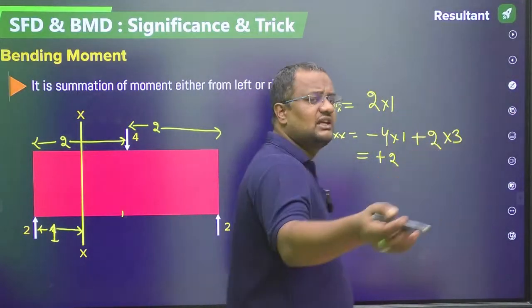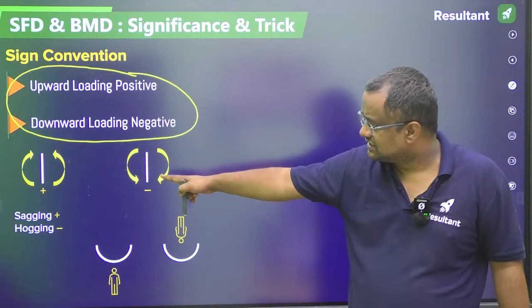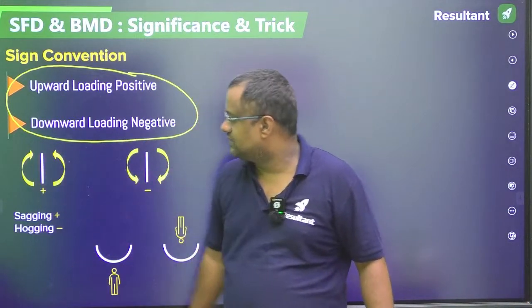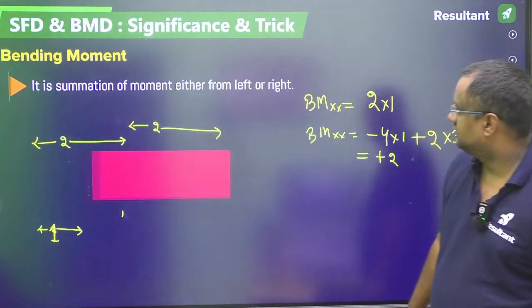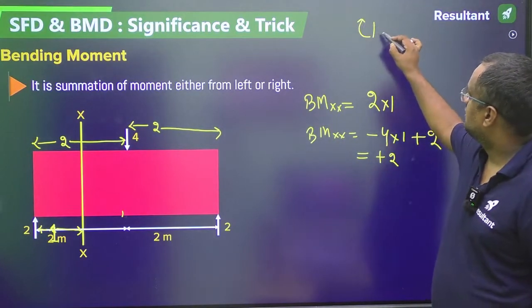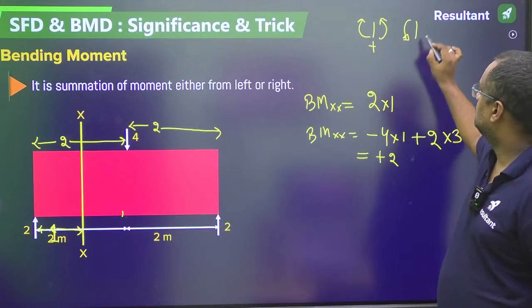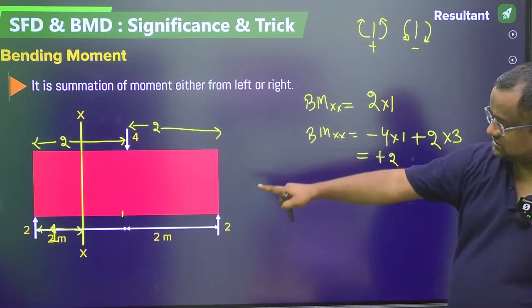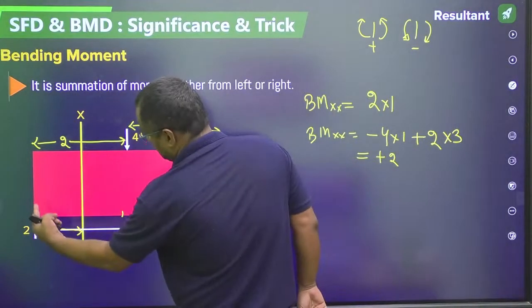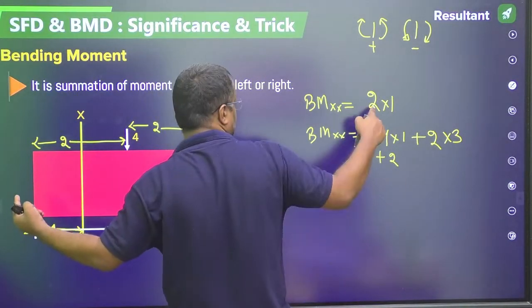I want to tell you the other sign convention also. Section left hand side clockwise moment is plus. Section left hand side clockwise or right hand side anti-clockwise is plus. Section left hand side anti-clockwise or right hand side clockwise is taken as minus. So this is section left hand side 2, and 2 into 1 is clockwise, so positive.